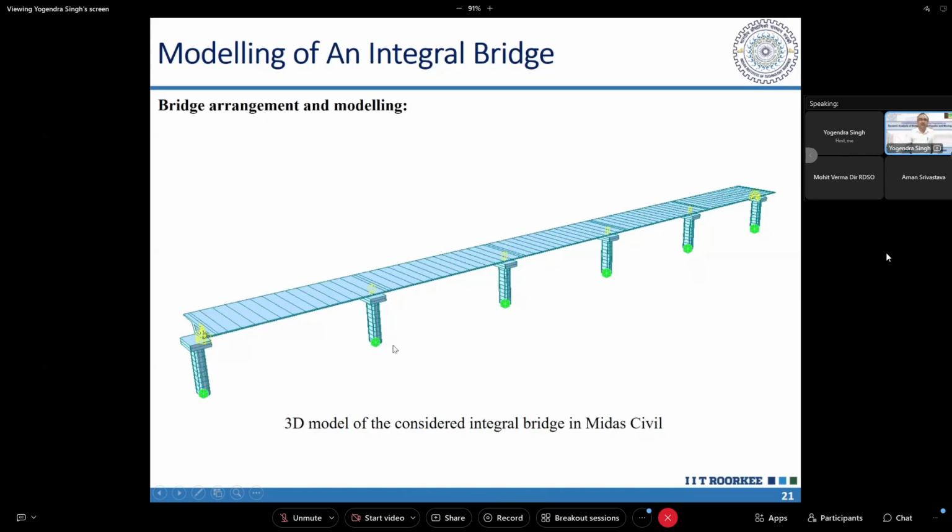That's why you see these lines. So don't think that I have used shell elements or any other element here. It is simply a single spine model, where the spine is modeled by a frame element, and that frame element is finely meshed so that we can take into consideration the distribution of the load when it is moving over the bridge.